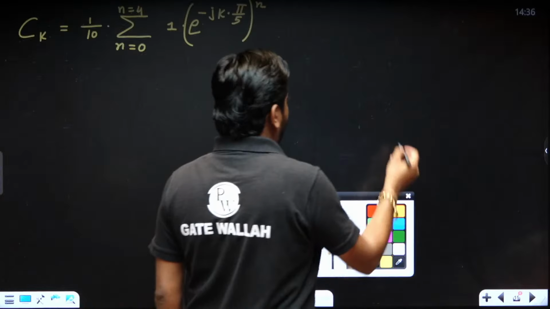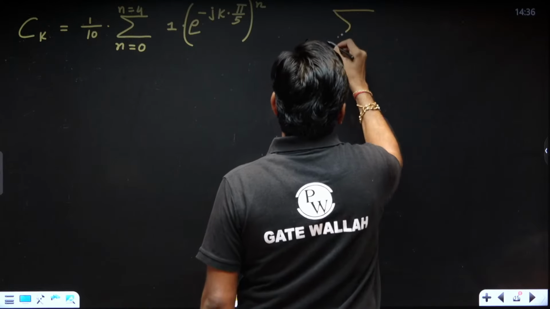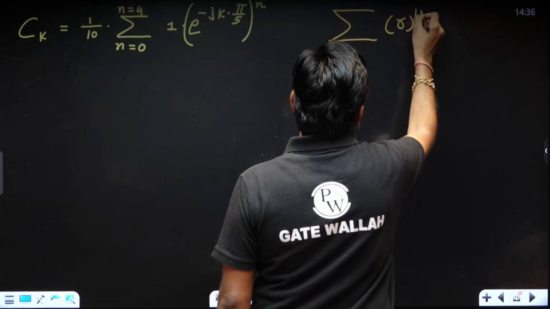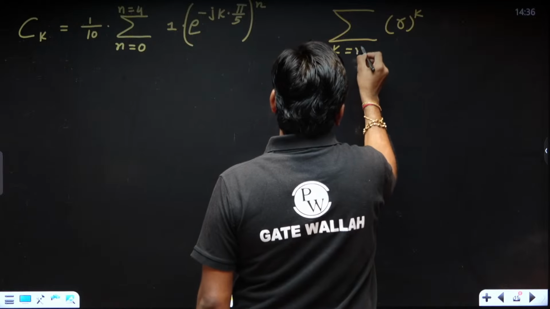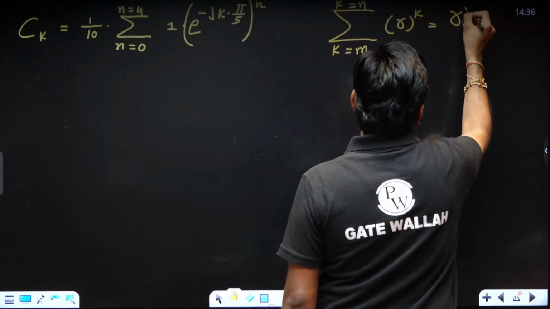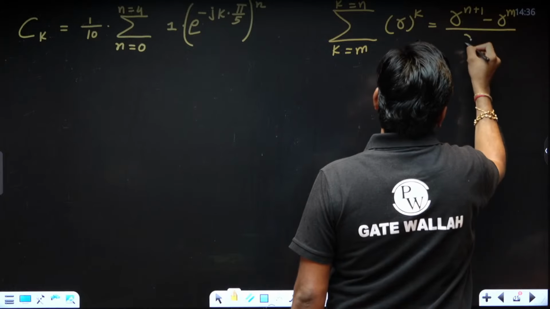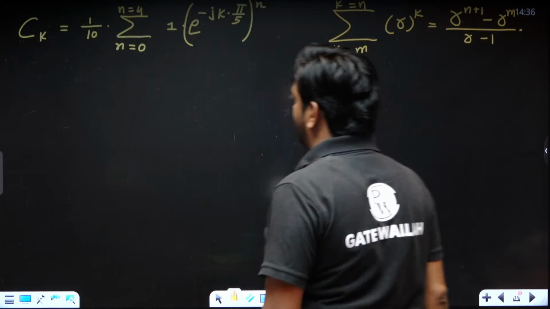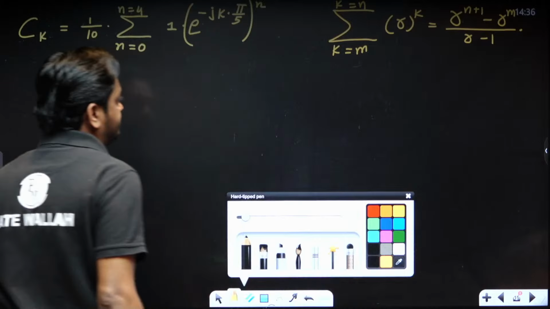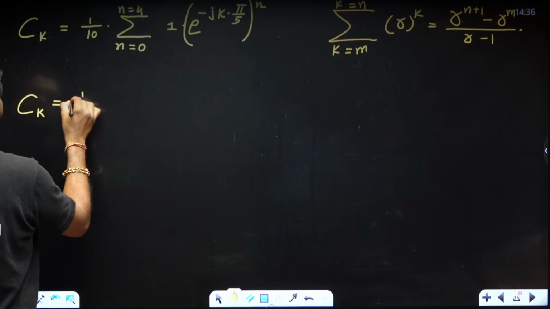Now you can use this formula. We know very well the summation of r power k, where k is starting from lower limit m to upper limit n, is r power upper limit plus 1 minus r power lower limit, divided by r minus 1. So what about the value of Ck? Here Ck is equal to 1 by 10.